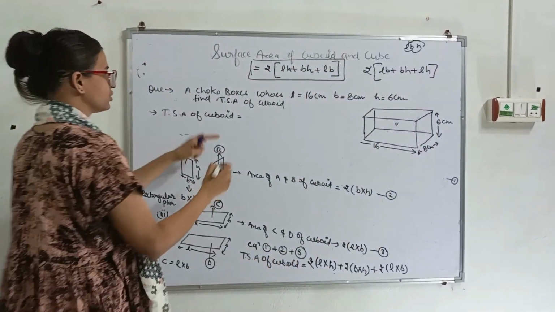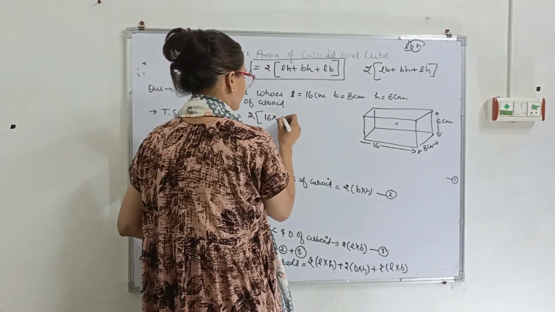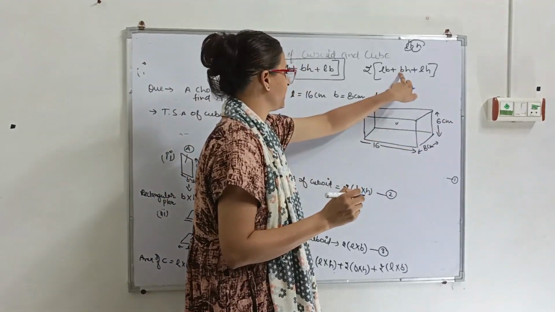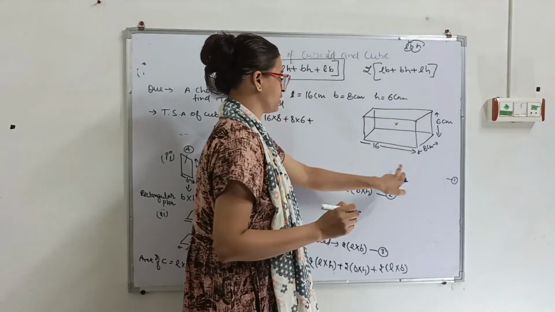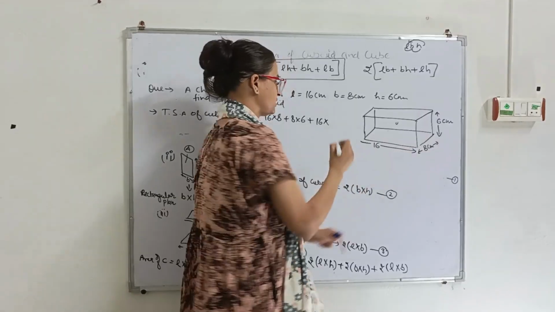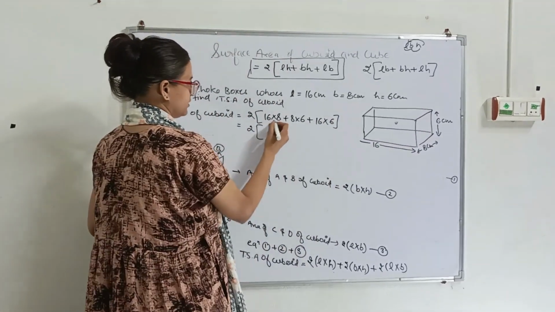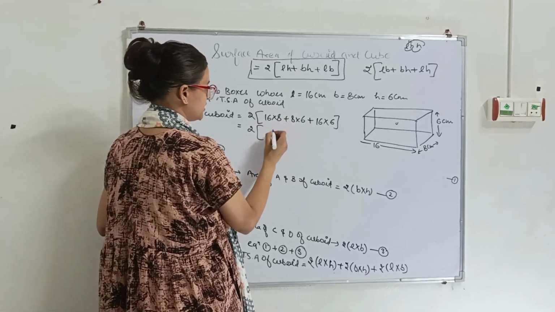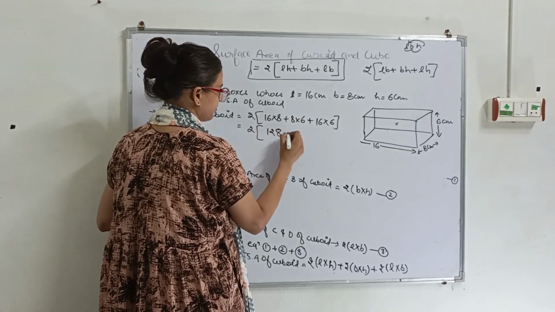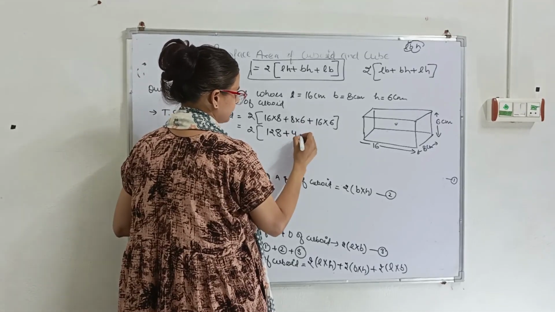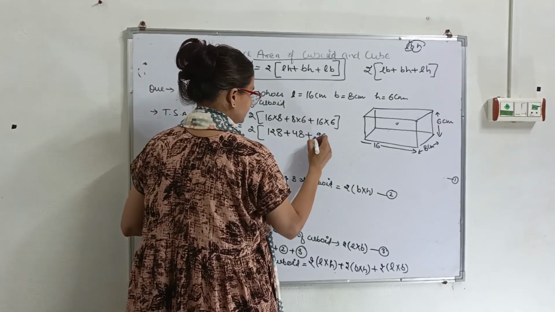So 2 times L is what? 16 into 8 plus B is what? 8 into H is what? 6 plus L is what? 16 into H is what? 6. So solve this. How much? 16 into 8 is 128, plus 8 into 6 is 48, and 16 into 6 is 96.